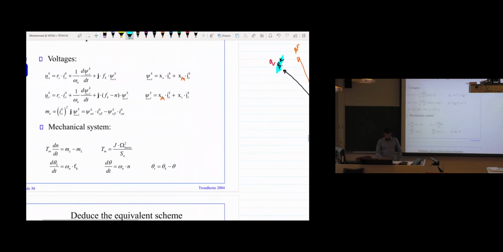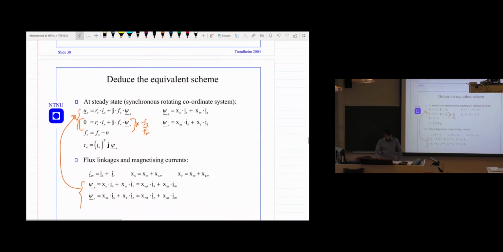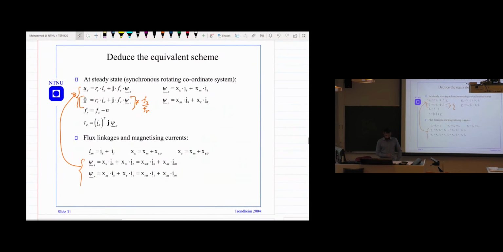Then you get the steady state equations, one for the stator and one for the rotor. Also we put the rotor voltage to 0 because we are considering a squirrel cage induction machine, where the bars on both sides are connected. This means they are shorted, so no voltage there at the end.